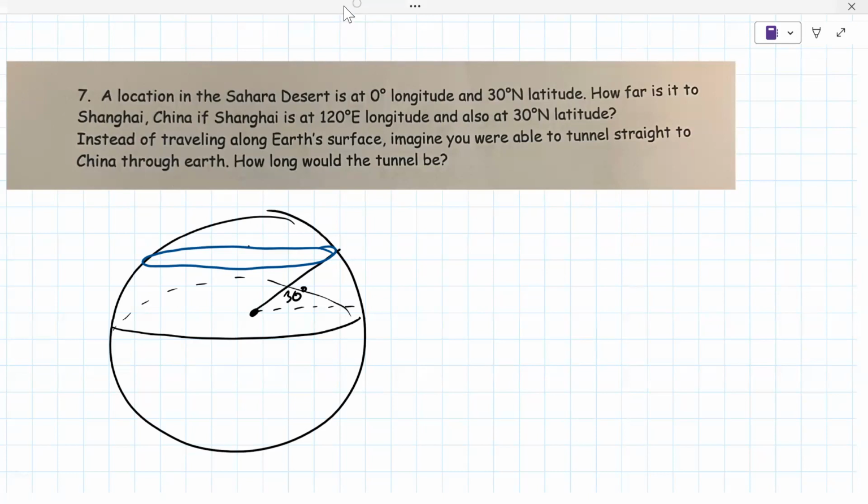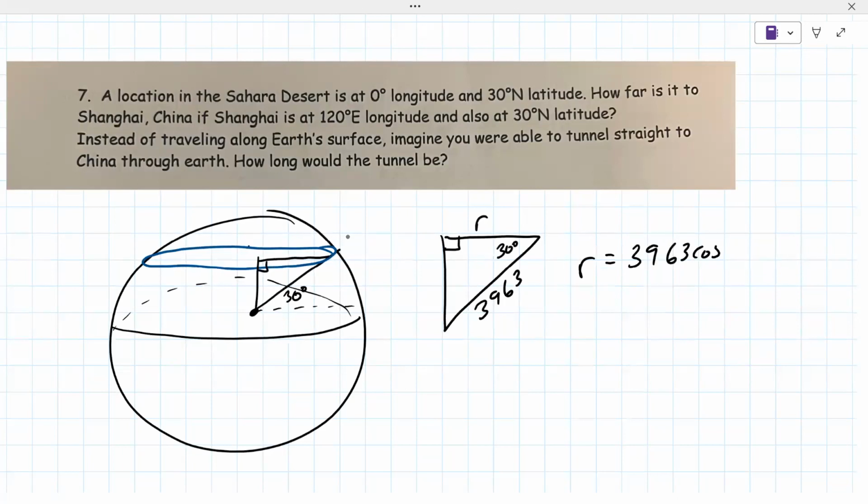So it's the same kind of setup here. You've got this triangle here. We want to calculate the R for 30 degrees again. 3963. So R is 3963 cosine 30, like that.